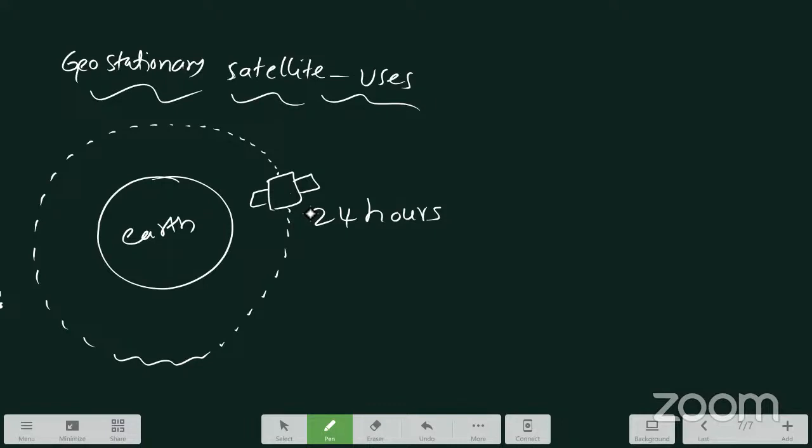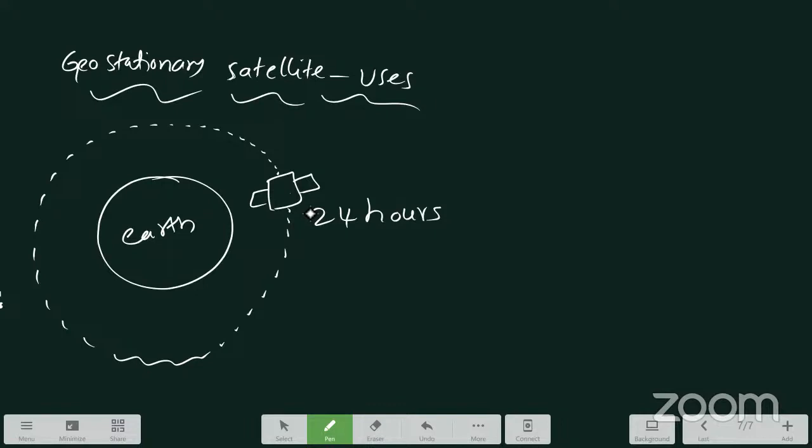You know what the rotation period is, nothing but in our daily life, 1 day, 24 hours. Rotation period of Earth, don't say revolution. Again, revolution period means year going. Just rotation period of Earth and revolution period of satellite, both are equal. That satellite we are calling a geostationary satellite. Definition very simple: revolution period of a satellite is equal to rotation period of Earth.